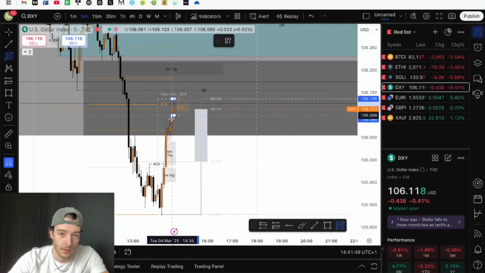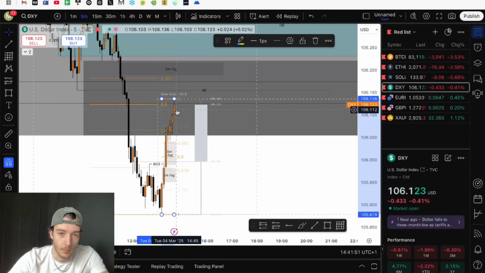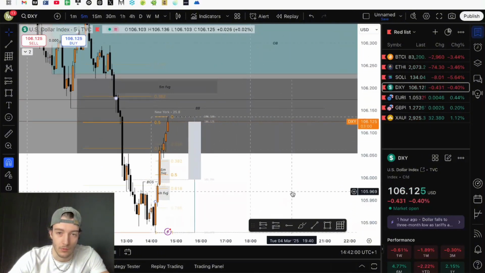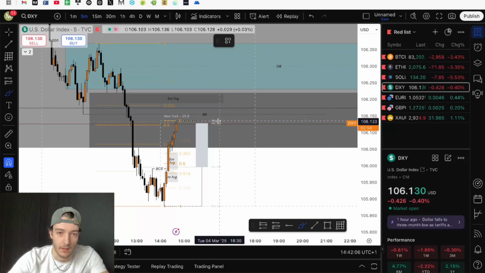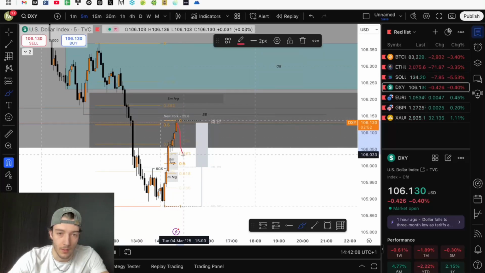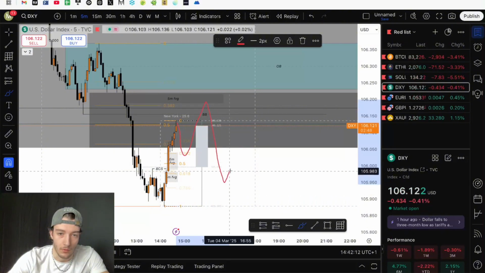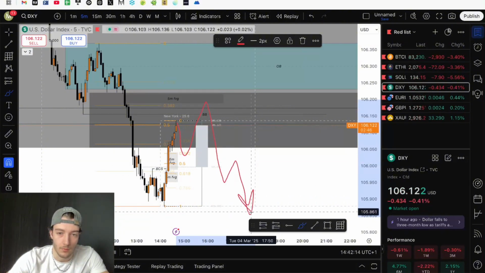But what also could be the case is that if we come back lower here and close a candle below here, it just taps into this 5-minute one here, moves a little bit more up higher and then moves lower. So it could be a choppy move like this.